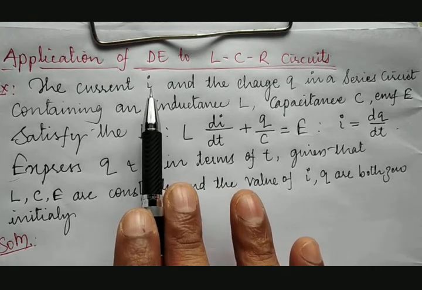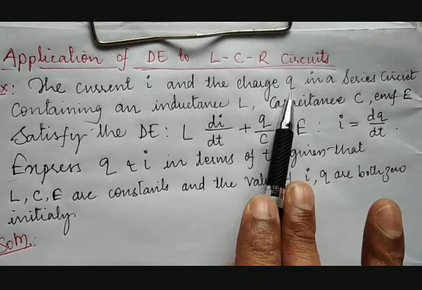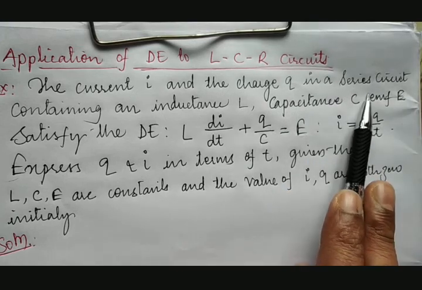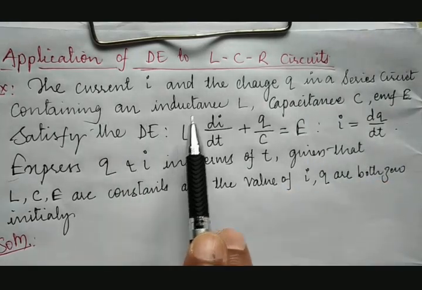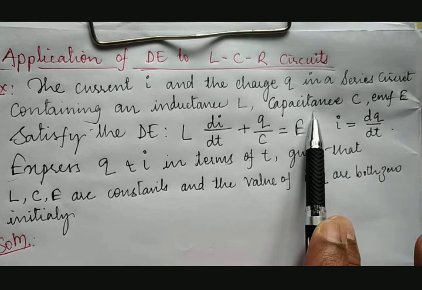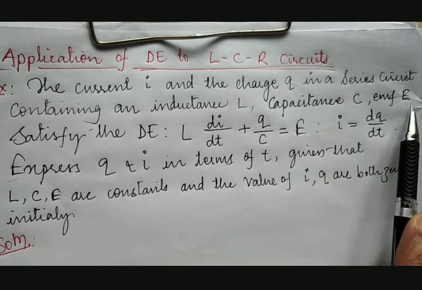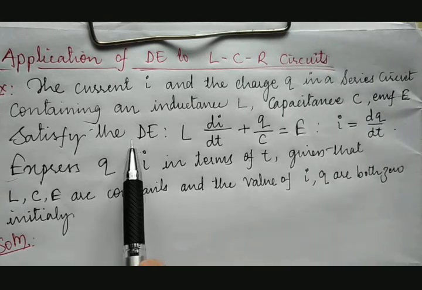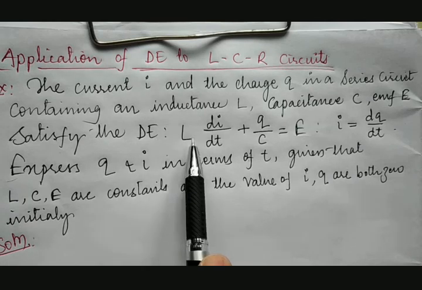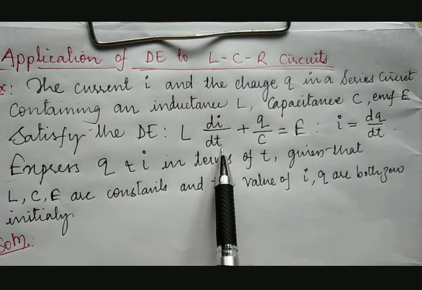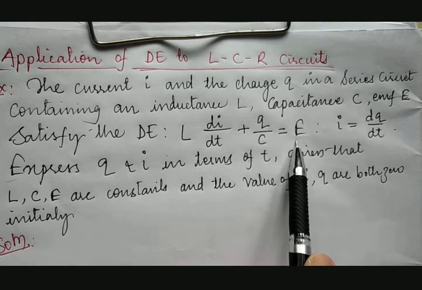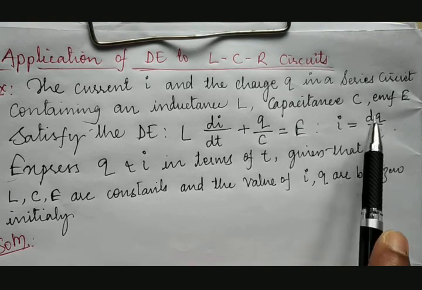What is the example? The current I and the charge Q in a series circuit containing an inductance L, capacitance C, and electromotive force E satisfy the equation L di by dt plus Q by C is equal to E, where I is dQ by dt.